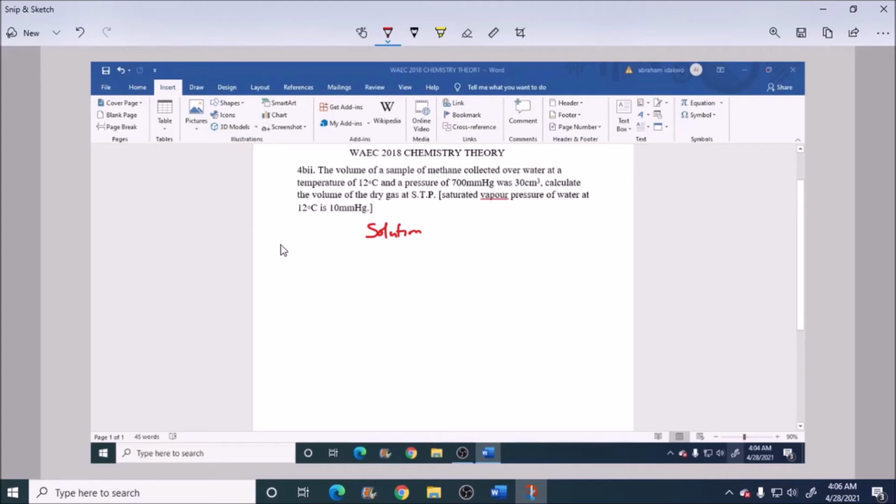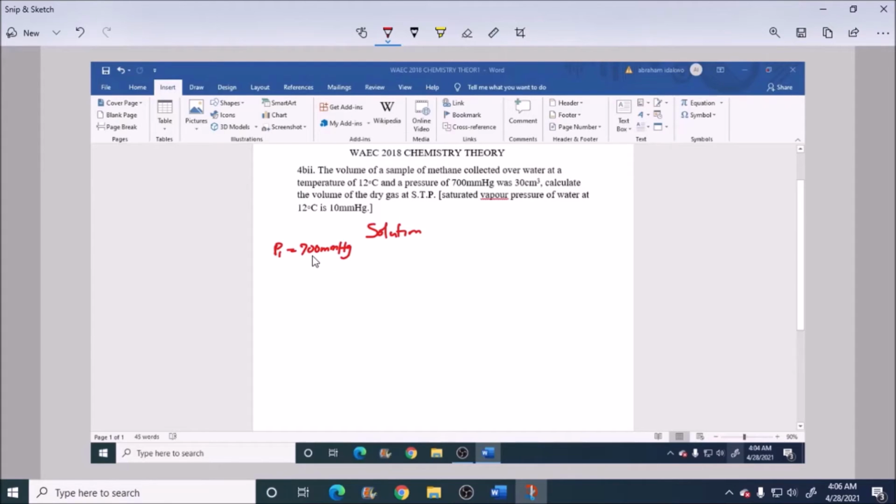Then from the question, our pressure P1 is equal to 700 millimeter mercury, because we are given that the volume of a sample of methane collected over water vapor at a temperature of 12 degrees C and a pressure of 700 millimeter mercury was 30 centimeter cube. Then we have to calculate the volume, that is V2.